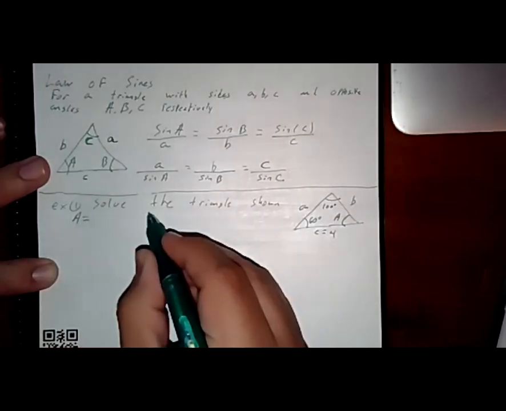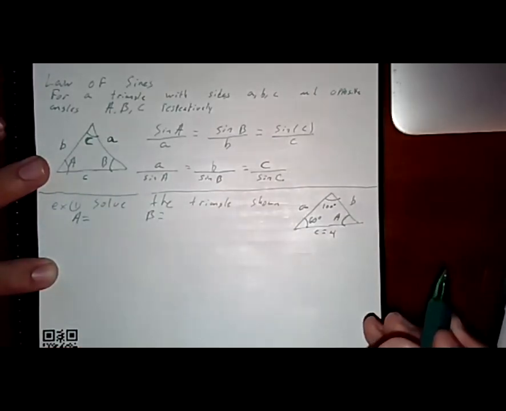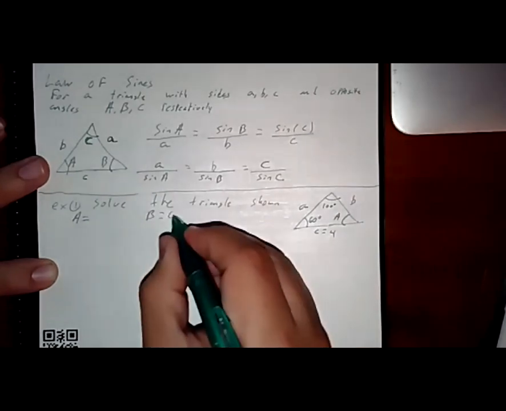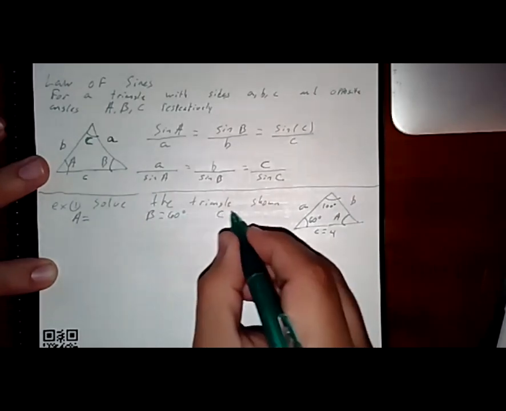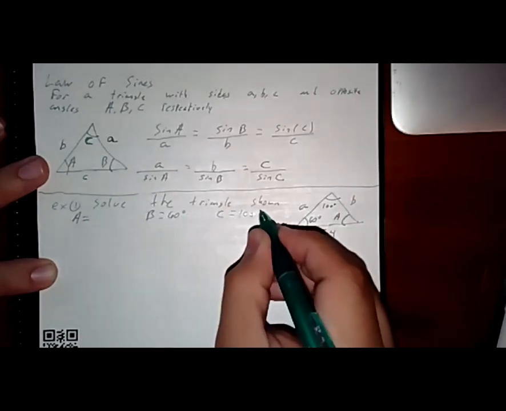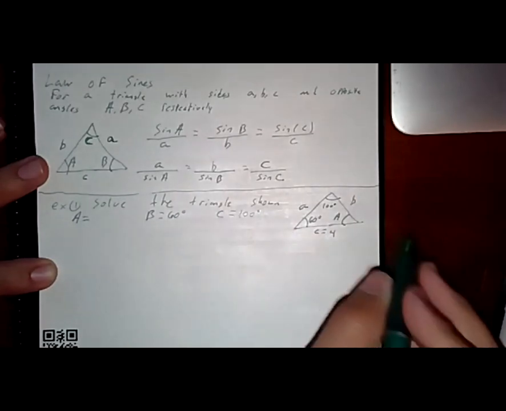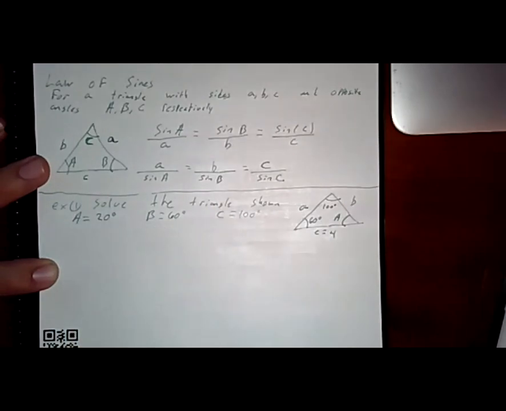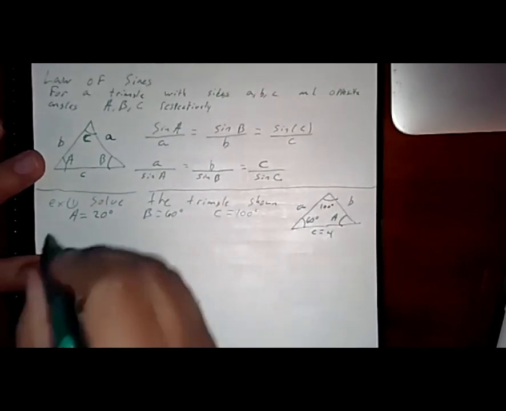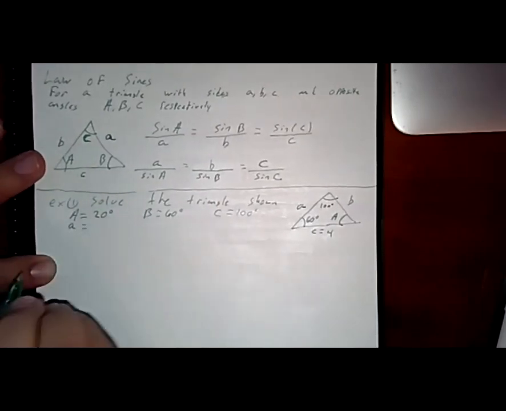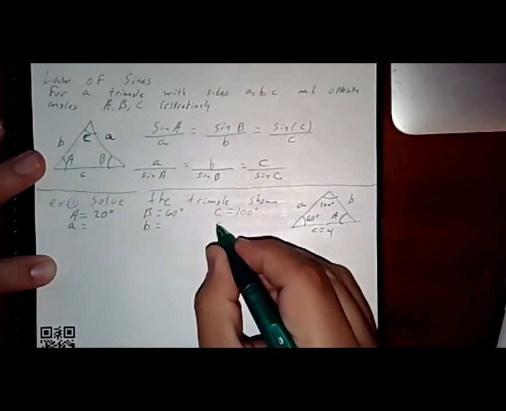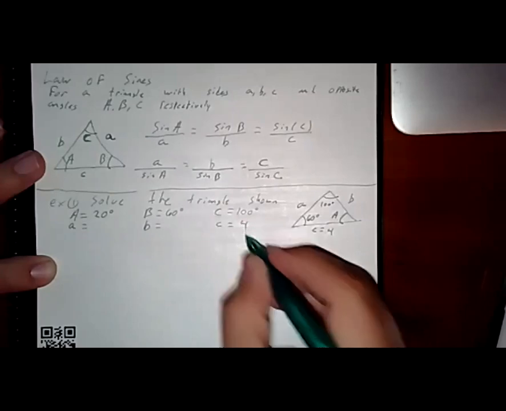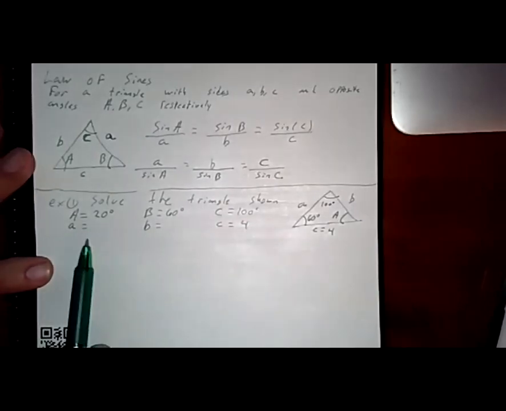Capital A, capital B, don't have, oh yeah, I do have that. Capital C is 100, which means that A has to be 20, right? Little a, we don't have it, nor b, but little c is 4. So we need to find these two sides, and that'll be the last of the triangle pieces.